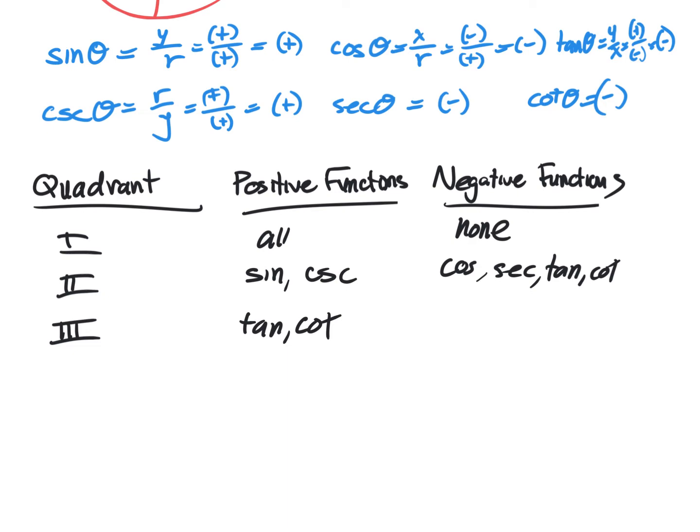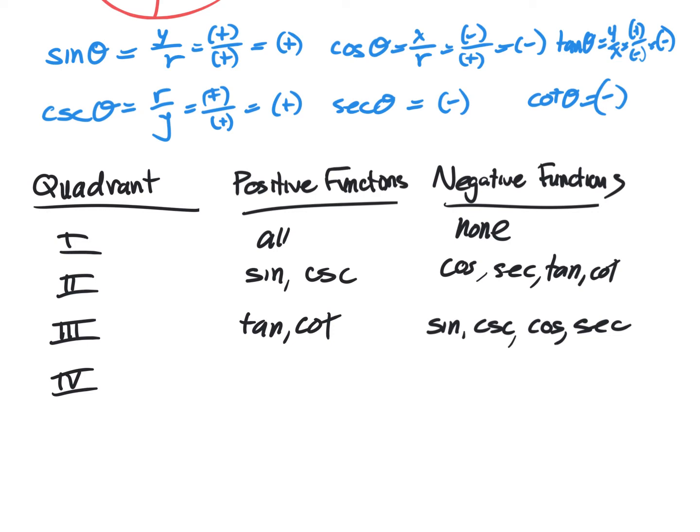So in quadrant 3, remember that x is negative and y is negative. And so since tangent is y over x, it's a negative over a negative. So in the negative functions, we would get sine is negative, cosecant is negative, cosine is negative, and secant is negative.